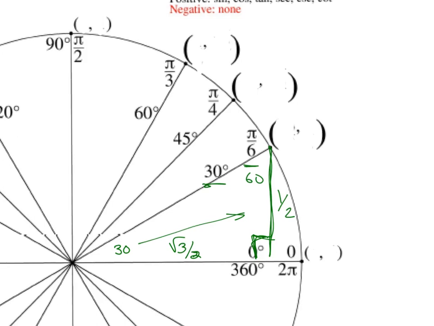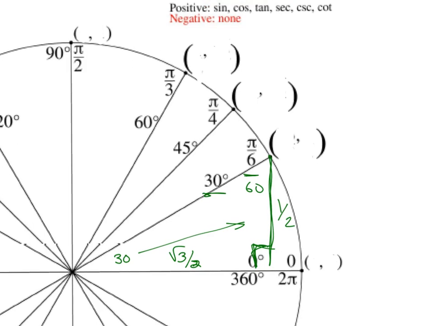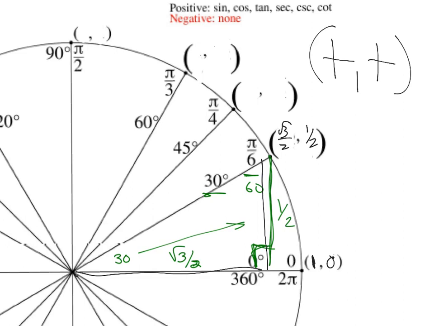Okay? So now, sorry, let's back up. This one, very simple, 1, comma 0. For pi over 6, what's my x value, what's my y value? So this becomes square root of 3 over 2, 1 over 2. All right? So remember, everything over here is going to be positive and positive.